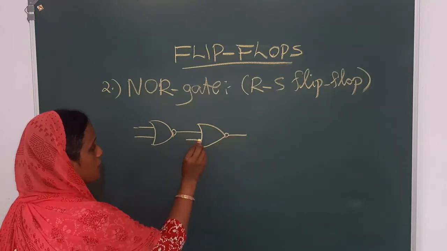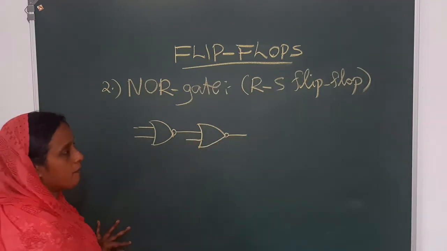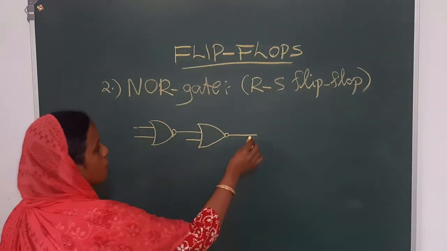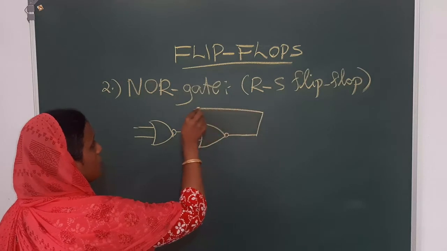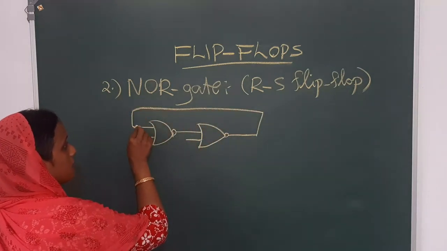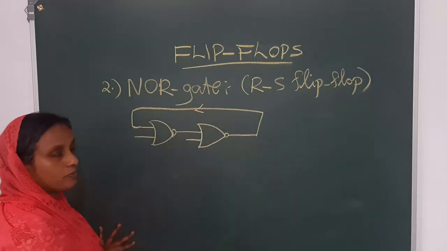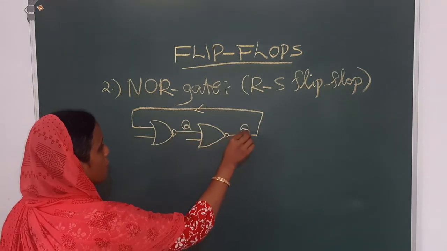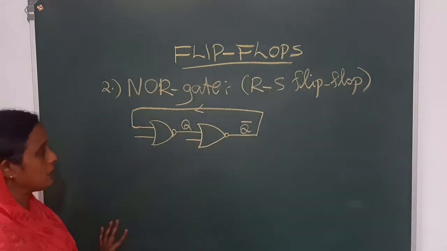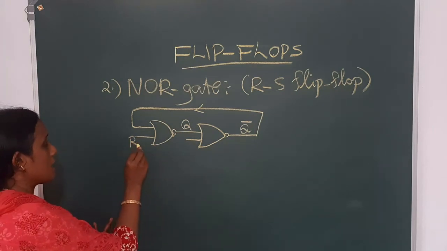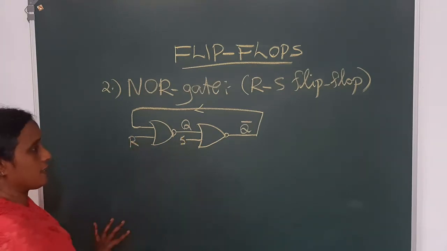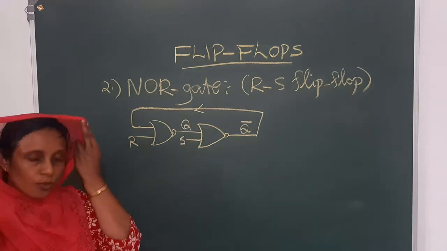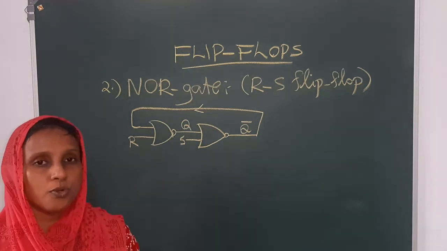This one also has two inputs. Now you know that we need a feedback. So from here to here we give feedback like this. Suppose this is Q and this is Q bar. This input is called R and this input is S.